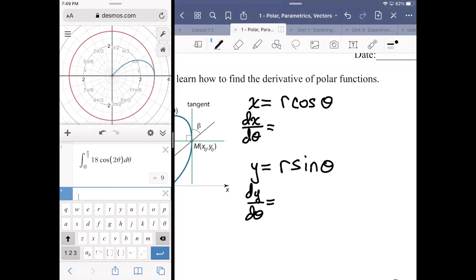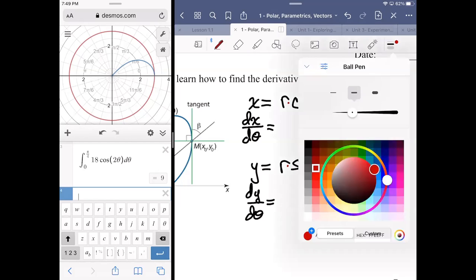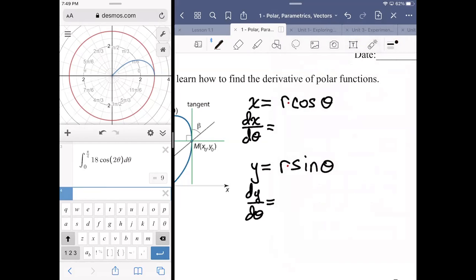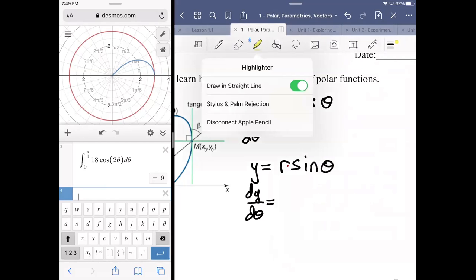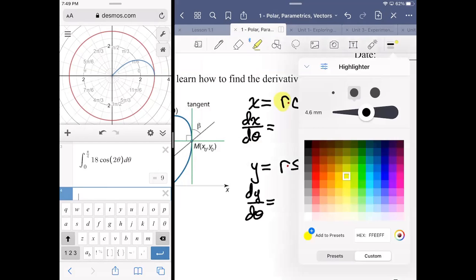So this is a product of two functions, r and cosine of theta, r and sine of theta. When I take the derivative of this, I have to use the product rule. So I'm going to color code first and second functions.